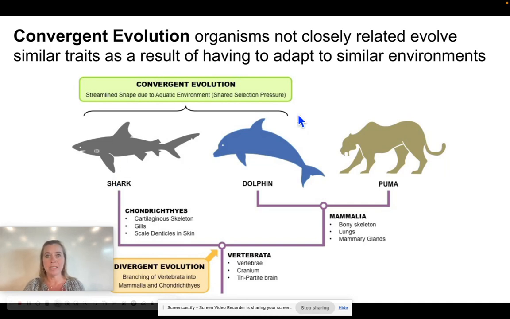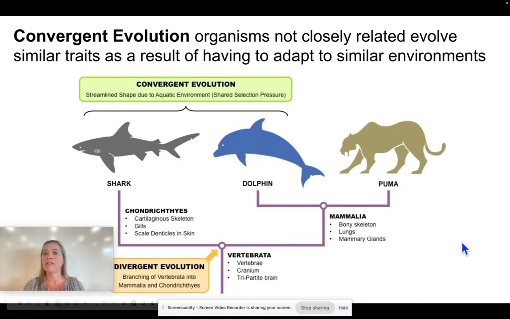So the smooth skin, the dark surface on top and the light surface on the bottom, this fin that acts as a rudder, these two fins to help them steer, and propulsion in the back. Although they may have some similar characteristics, they are not closely related. Those characteristics evolved after they had diverged from each other.